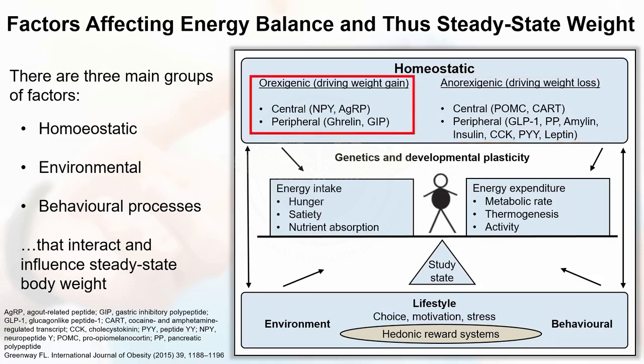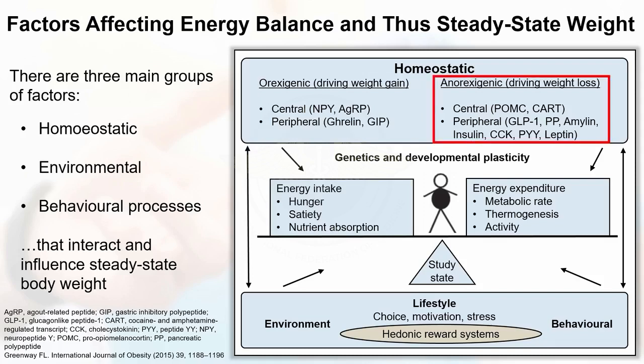So we have to remember that there are orexigenic factors driving weight gain and anorexigenic factors driving weight loss, and in both we have neurogenic as well as humoral. So this is interesting. Now coming to environmental and behavioral processes. Why we should know the orexigenic and anorexigenic homeostatic mechanisms is important, because suppose a patient is leptin resistant.